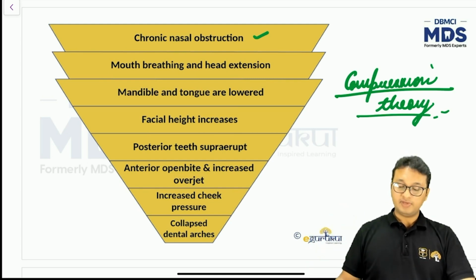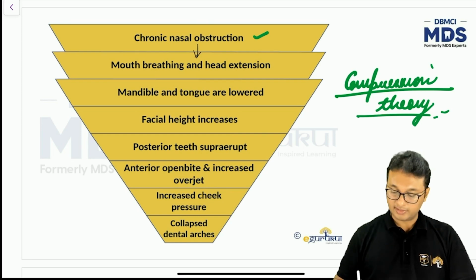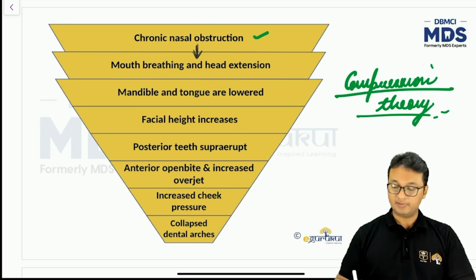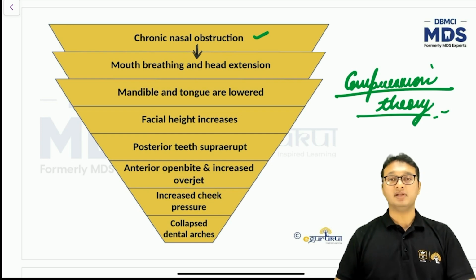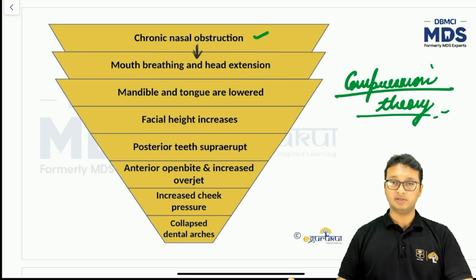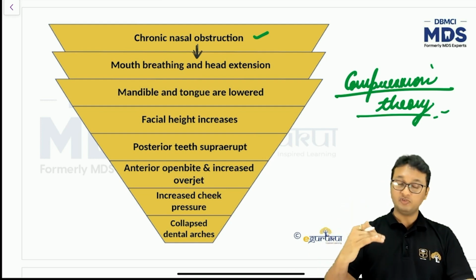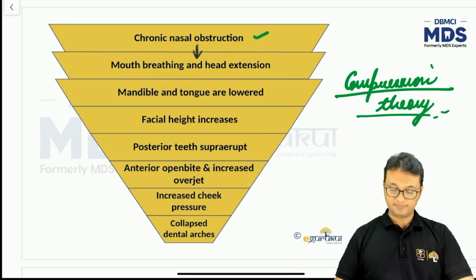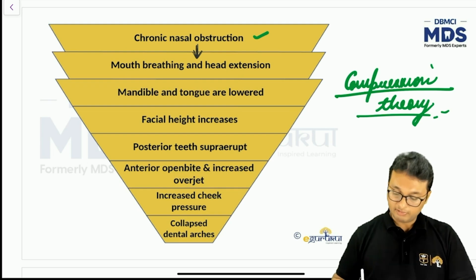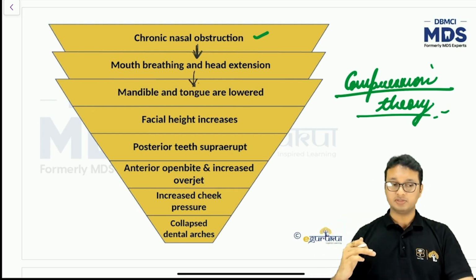So whenever we have chronic nasal obstruction, mouth breathing and head extension is the result, which happens involuntarily. So the head is extended on the shoulder girdle, on the clavicle, in order to further reduce the airway resistance, right? Then consequently, the mandible and tongue are kept in a slightly lowered position.